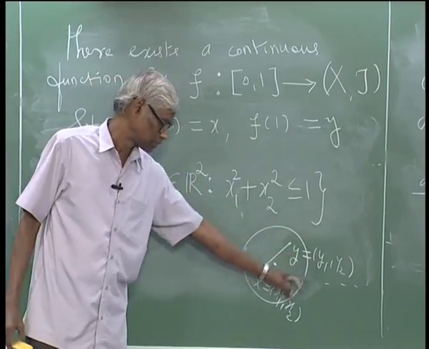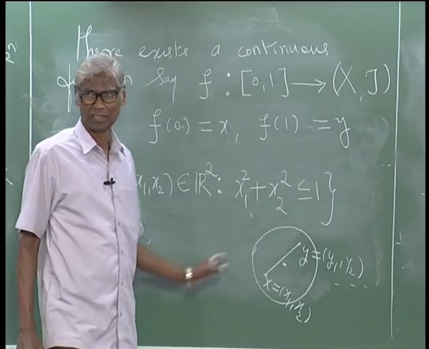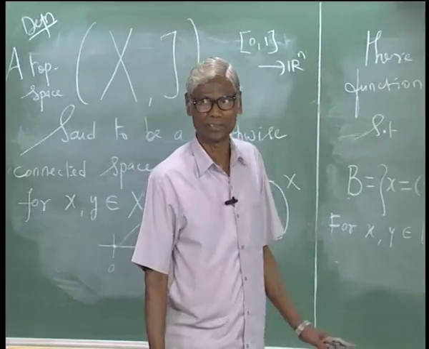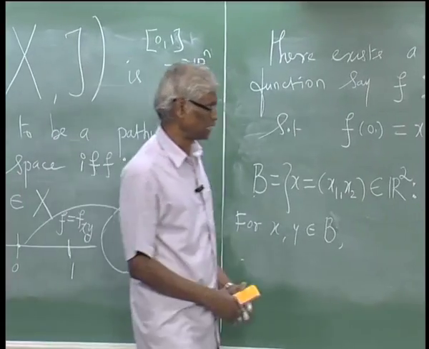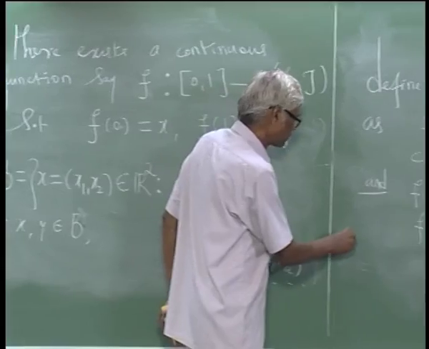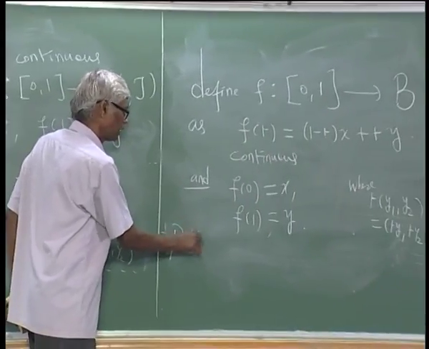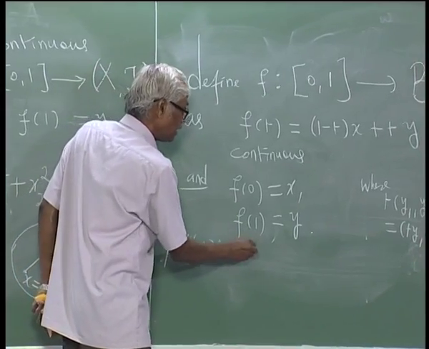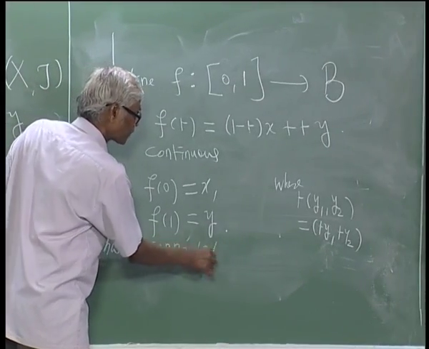So, that means that disk will be connected, and we know that the continuous image of a connected set is connected. We may not have time to prove everything, but pathwise connected implies connected.